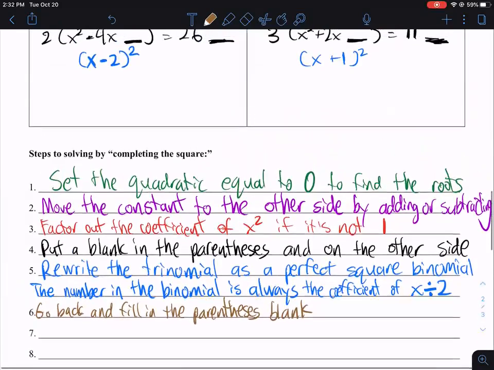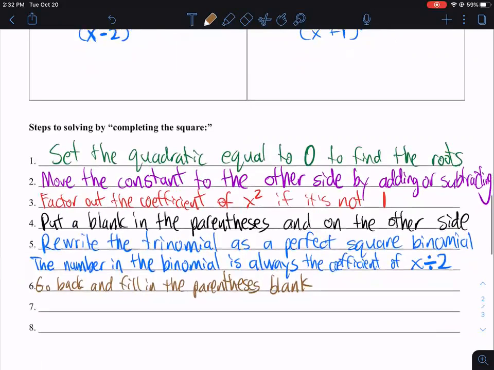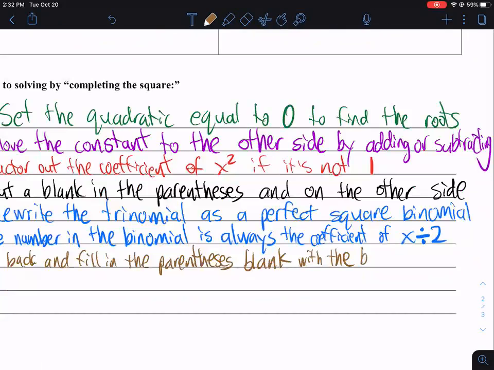Okay, and again, that number is always this constant that we just figured out times itself. So I'll just say squared, right, times itself.